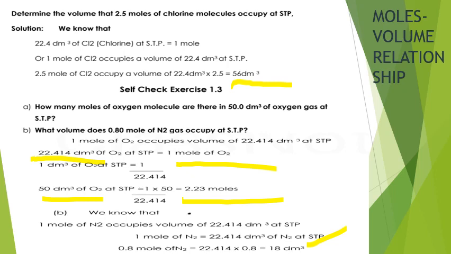You will say 1 mole is equal to 22.414. So 0.80 mole is equal to what? 22.414 upon 1 multiplied by 0.8. It will give you the answer 18 dm³. That's all. It is a very simple question.